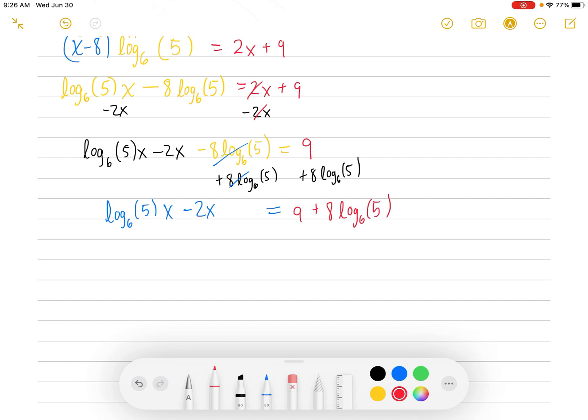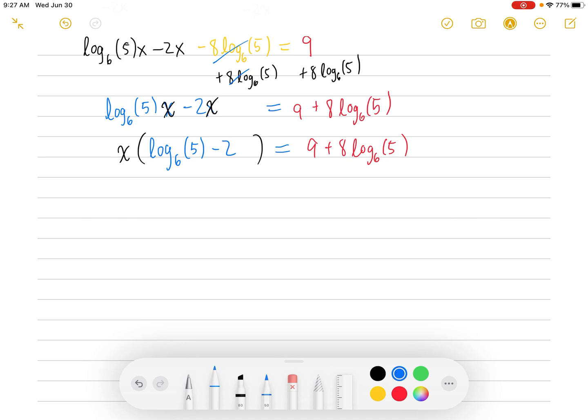And that'll give us on the left log base 6 of 5 times x minus 2x. And on the right, these cancel. On the right, we'll have a 9 plus 8 log base 6 of 5. And then notice on the left, you have these x's in common, so we can factor out an x. When we factor out an x on the left, you have log base 6 of 5 minus 2.